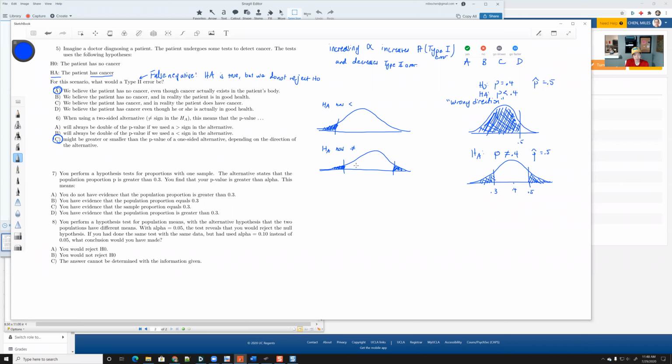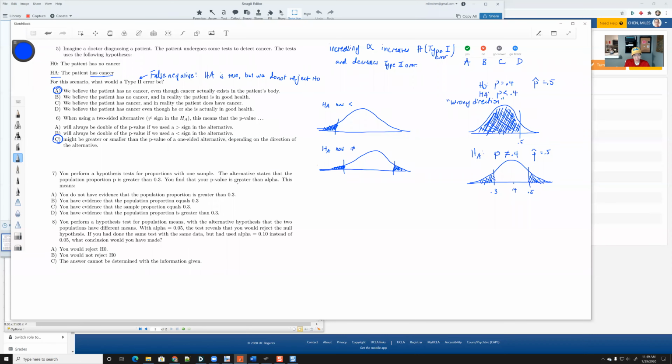All right. Okay, let's look at number 7. It says you perform a hypothesis test for proportions with one sample. The alternative states that the population proportion p is greater than 0.3, and you find that your p-value is greater than alpha.